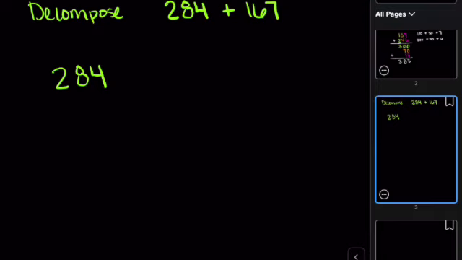I'm going to start in the ones place, and I'm going to decompose 7 into an amount that makes sense. I have 4 ones now. It would be really easy for me to get to 5 in my ones place, or 0 if I can, because that makes it a lot easier to add with.